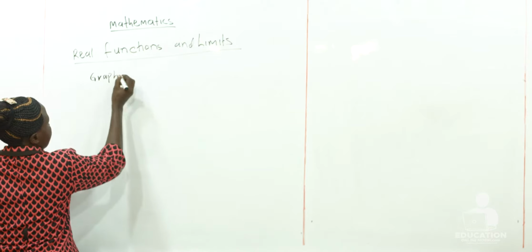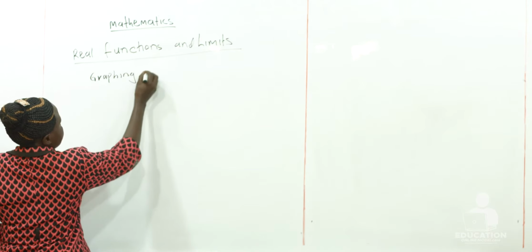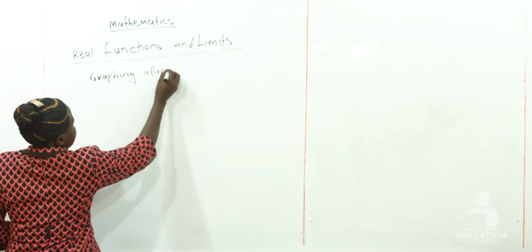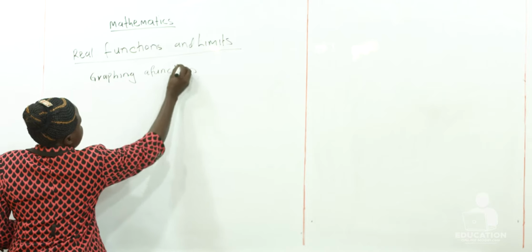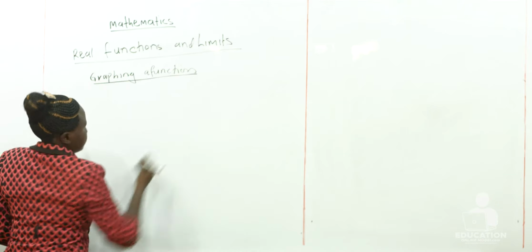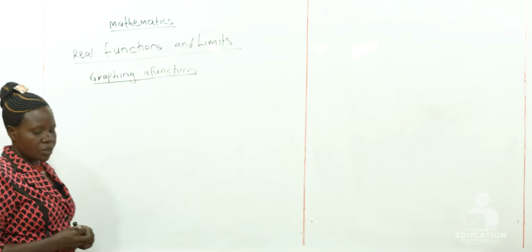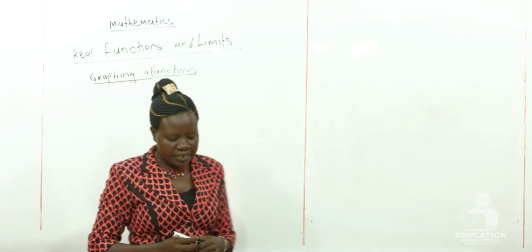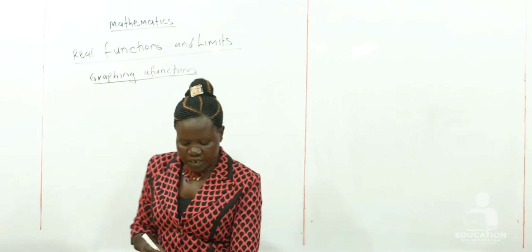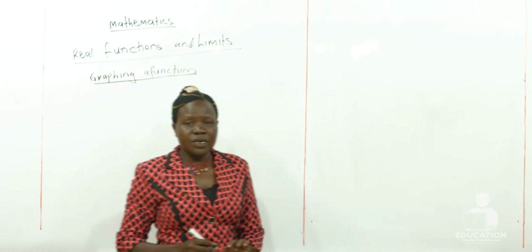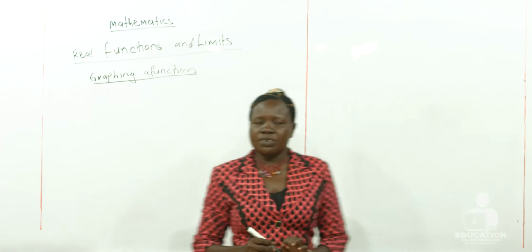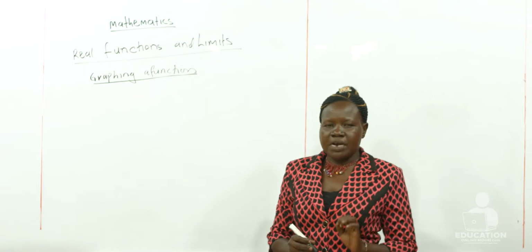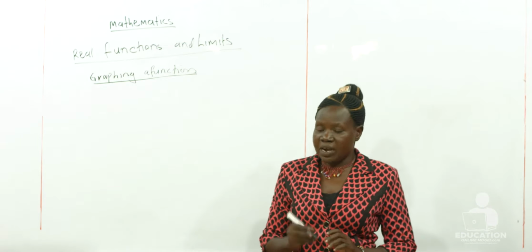Graphing a function. So we are still continuing on this part of a function. But what are we going to look at now? Specifically, we are going to look at how we prove that the given equation is a function or is not a function.